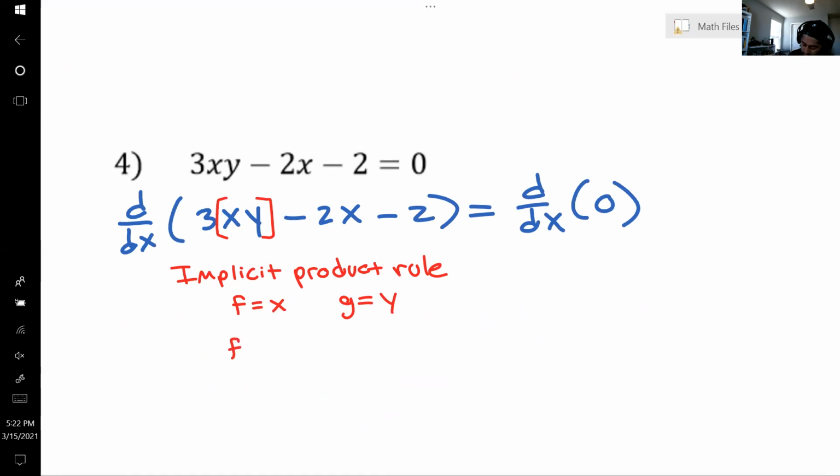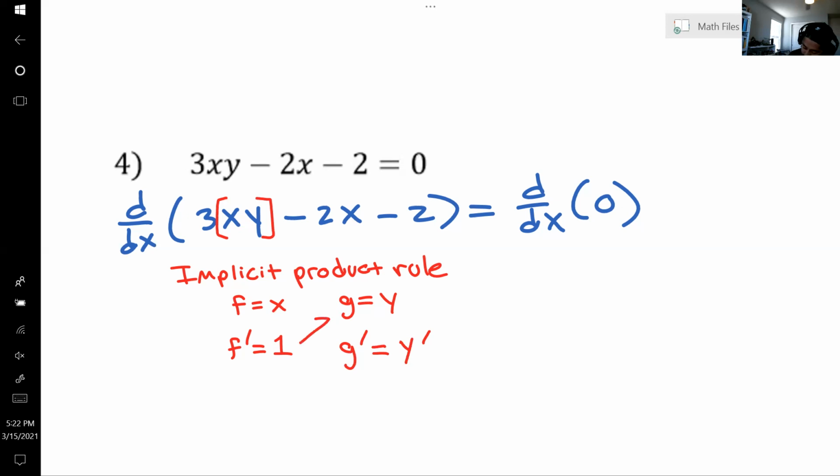Here f prime is 1. And over here on g, remember that we are taking the implicit derivative, so g prime will be equal to y prime.